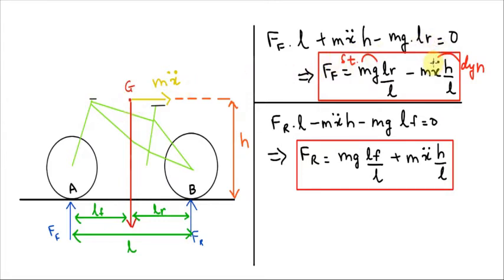Hence, this equation proves that if we increase the value of h, this negative part will increase, and hence the value of Ff is decreased. So this is the mathematical explanation of why increasing the height of the center of gravity makes it easier to perform a wheelie.